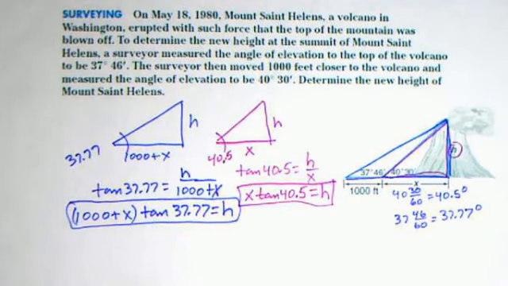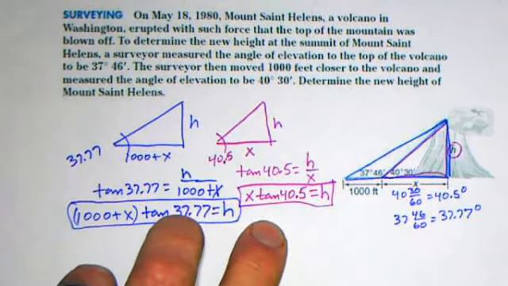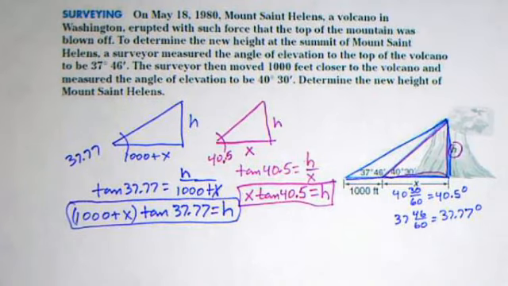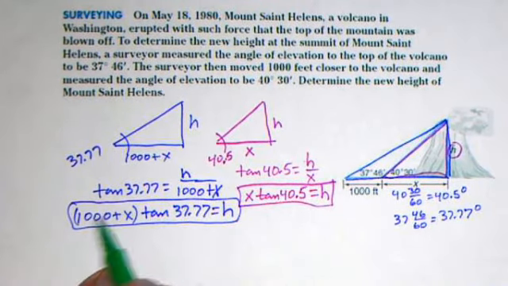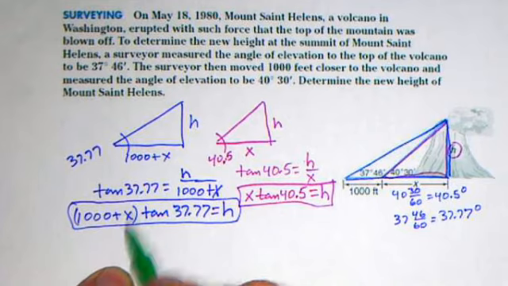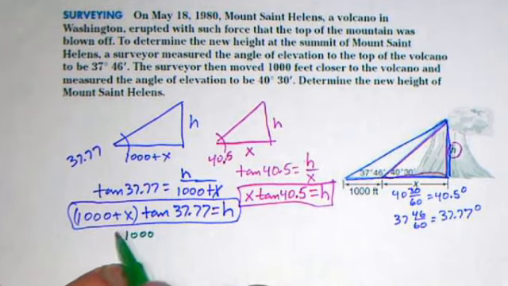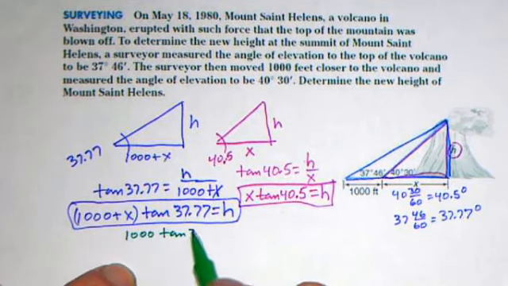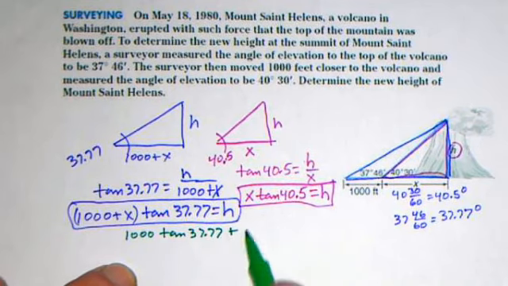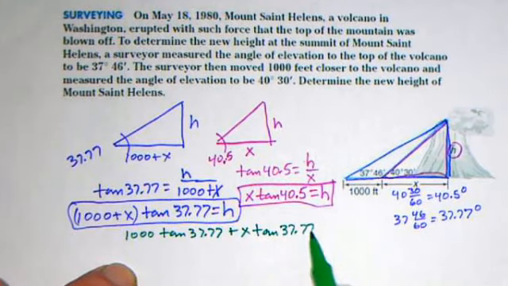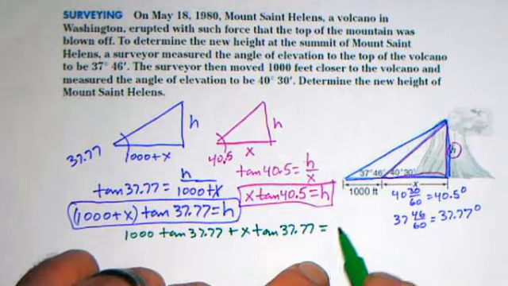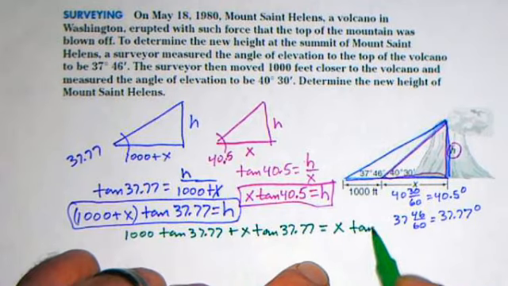Now since these two triangles both have h in common, which is the same number, we can set these two expressions equal to each other. I'll go ahead and distribute when I do this. So I have 1,000 times the tangent of 37.77 plus x tan 37.77 equals x tan 40.5.